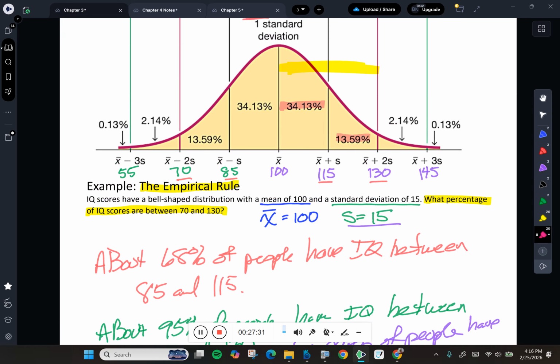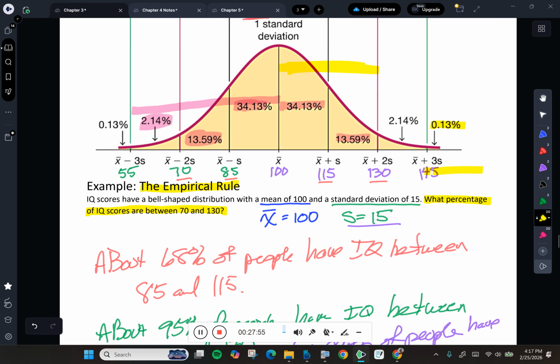Or I could say, what's the chance that I'll grab someone who has an IQ between 55 and 100? And you would say, okay, well, just add up those 3 numbers right there, and you'd be looking at that probability. Or if I randomly grab someone, what's the chance their IQ is above 145?